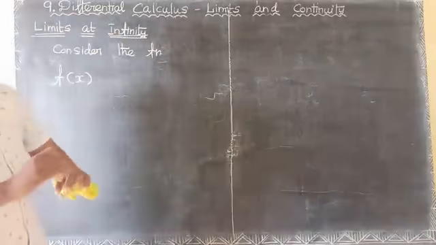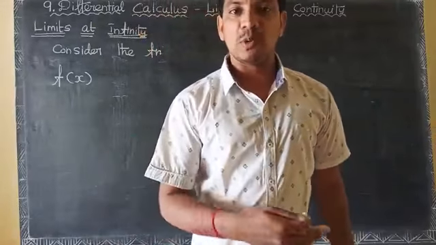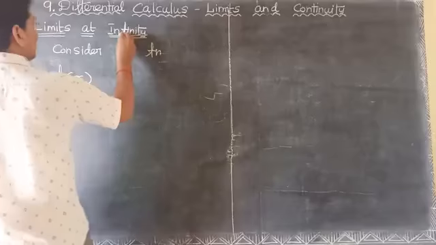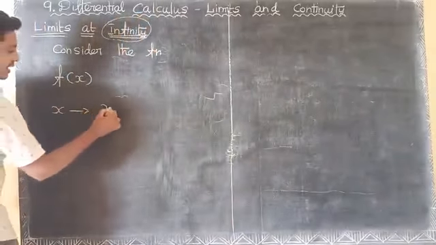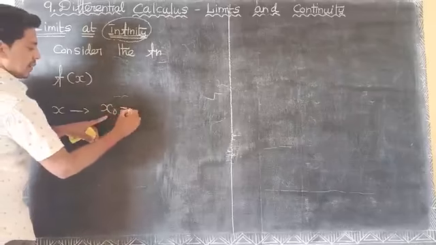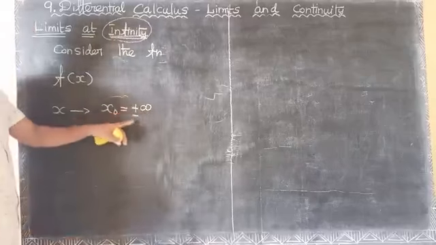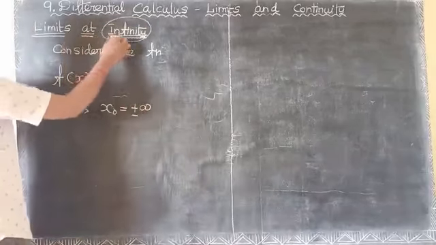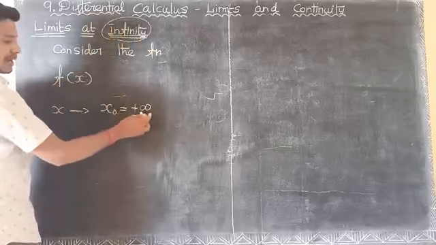Here either side means both sides, left approach and right approach. Limits at infinity means x approaches plus infinity, otherwise minus infinity. That is, x approaches plus or minus infinity.